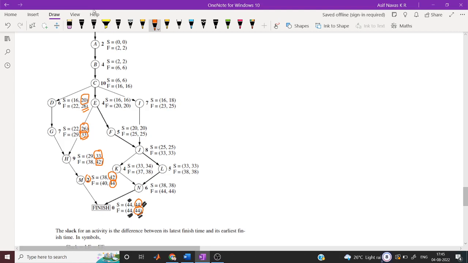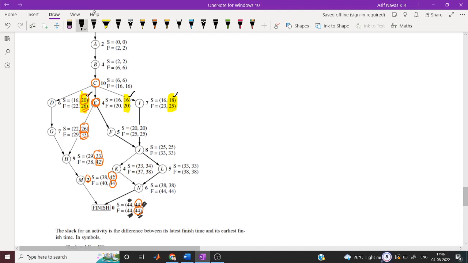Now for this C we have LS values here. From these three nodes we have to take the least LS value.